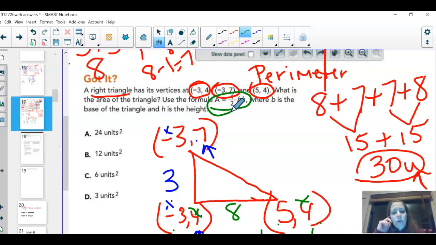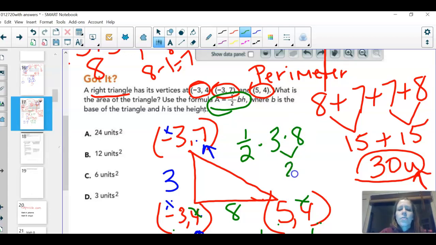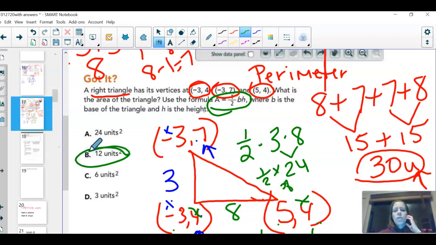So ahora tengo que hacer el algoritmo que yo tengo en la problema. Okay, so 1/2 medio de times or of 3 times 8. Well, 3 por 8, 3 times 8 is 24. And 1/2 times, or 1/2 of 24 is 12. Y entonces esa es mi respuesta.